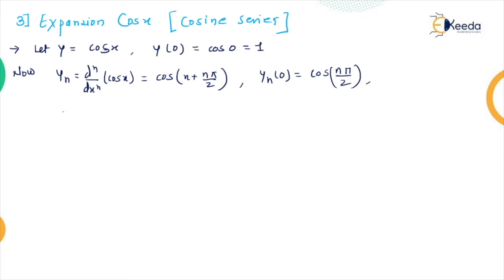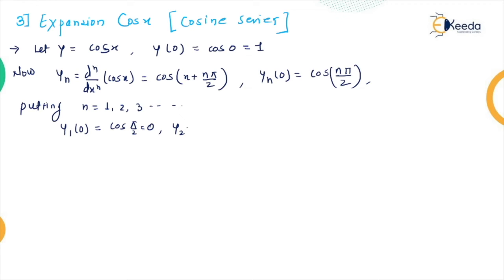Now our next target is putting n equal to 1, 2, 3 and so on. After substituting n as 1, we get y1 of 0, which becomes cos of pi divided by 2, and cos of pi by 2, that is cos 90, is 0.